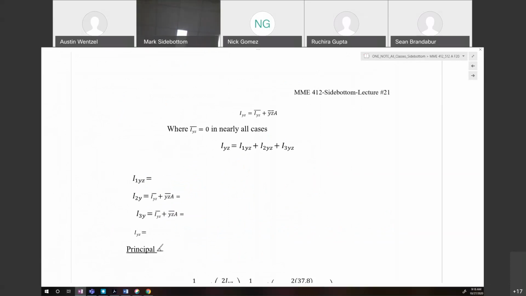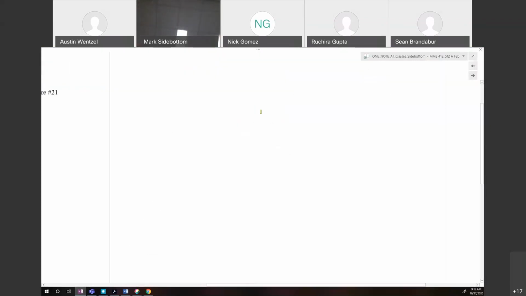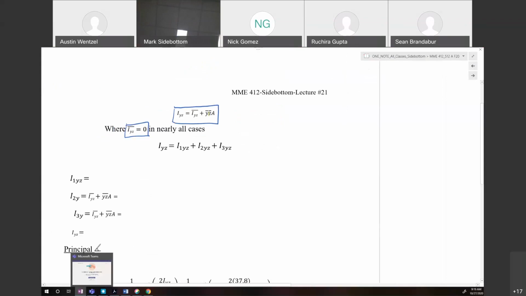All right, so to determine Iyz, we can use the following formula for a composite section like we have here. In nearly every case, this Iyz bar term we're going to treat as 0. So we only really care about the term on the right here to calculate Iyz.